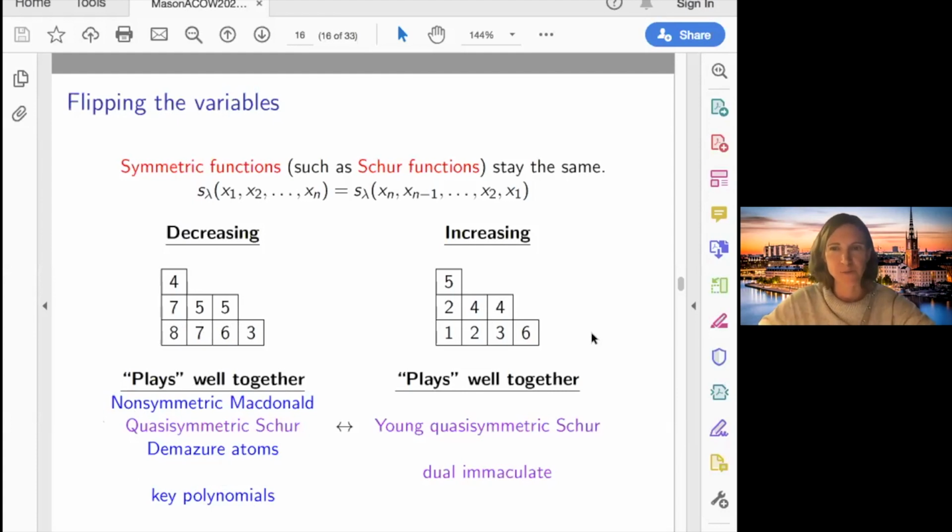So they seem to be splitting into increasing and decreasing families, and that's the notion of reverse, used to describe some of the lifts of these decreasing families. We use Young for the increasing families because that's what the Young quasi-symmetric Schurs were called. They were introduced partly so that they played a little nicer with the typical semi-standard Young tableau descriptions of the Schur functions.